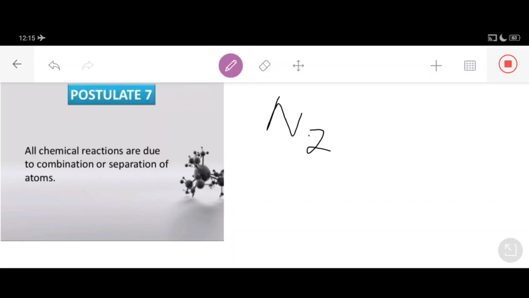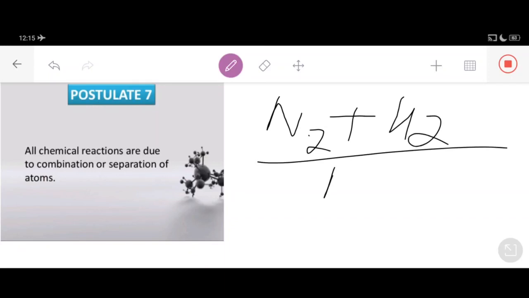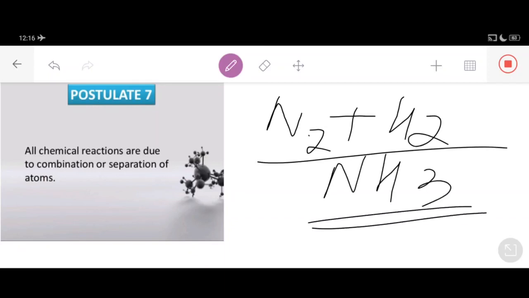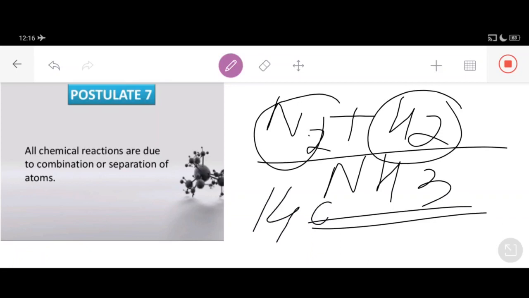Whenever this nitrogen reacts with hydrogen, it forms NH3, that's ammonia. Whenever there is a reaction of nitrogen with hydrogen, there is formation of ammonia, and whenever this ammonia gets formed, the ratio is always 14:3.